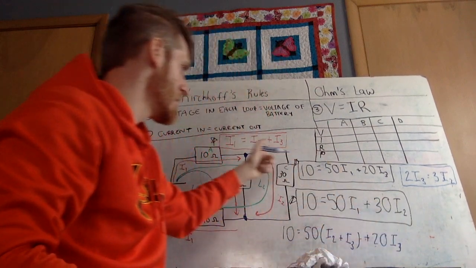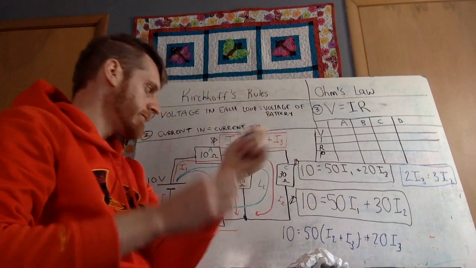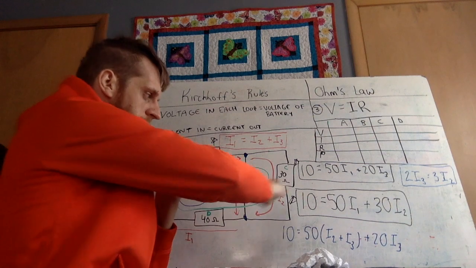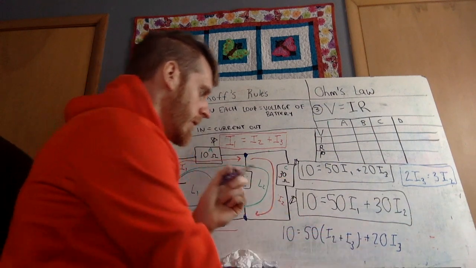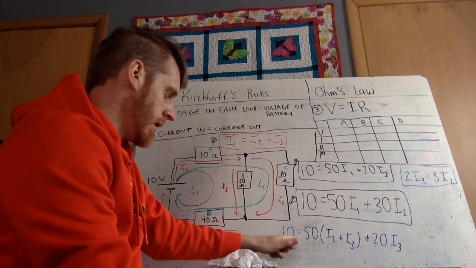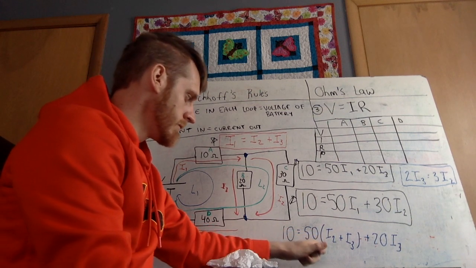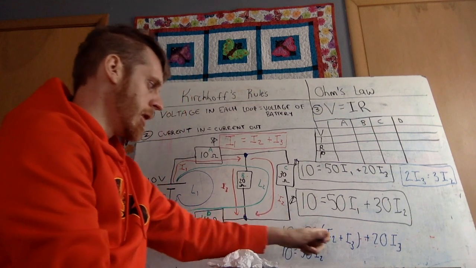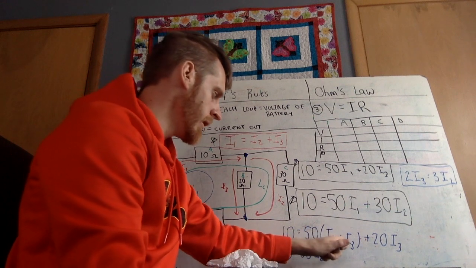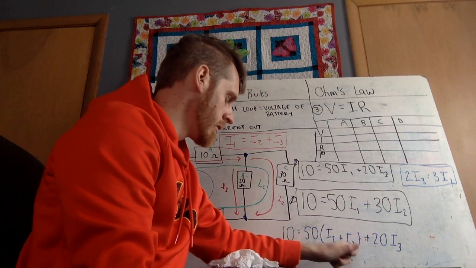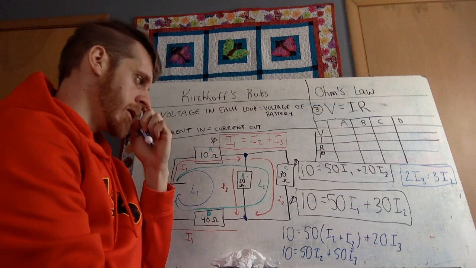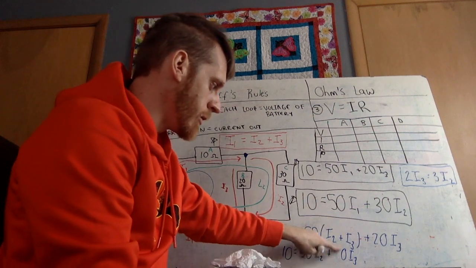So just a little substitution. Put this in for I1. Now I can factor this in. So I have 10 equals 50 I2, multiply the 50 in, plus 50 I3, plus 20 I3, which would be 70 I3 total.